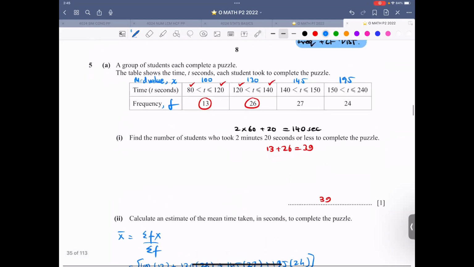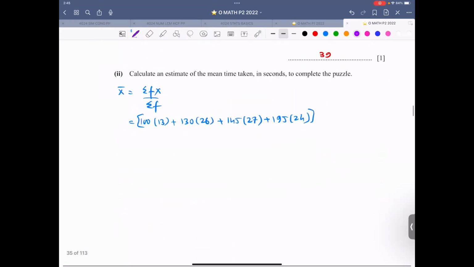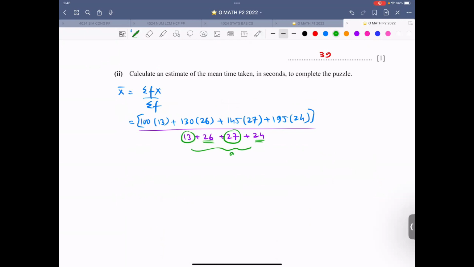Sum of frequencies is not given. That means I have to add it up. So 13, 26, 27, 24. So 26 and 24 is 50. And 27 and 13 adds up to 40. So this total is 90.